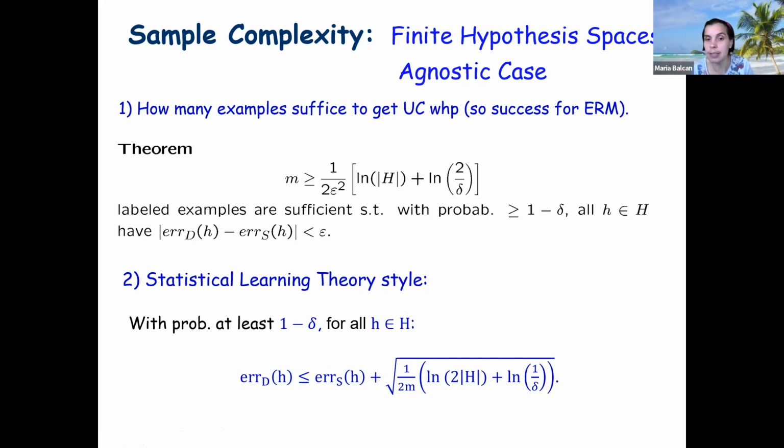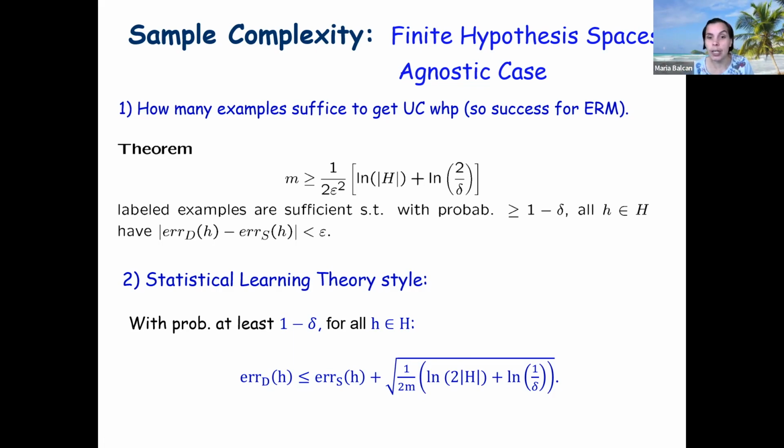If the target function doesn't belong to the search space, then the best classifier from the search space might not have true error rate 0. There is no perfect classifier in H because the target function doesn't belong there.